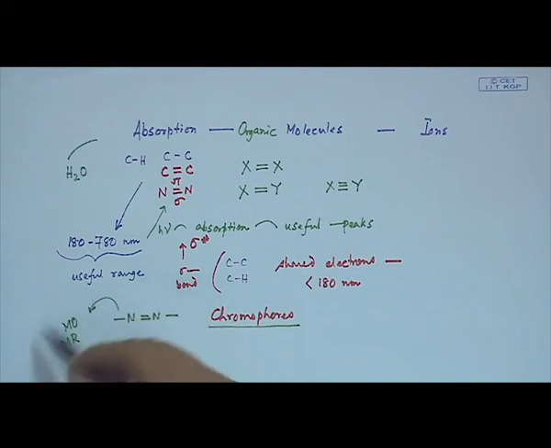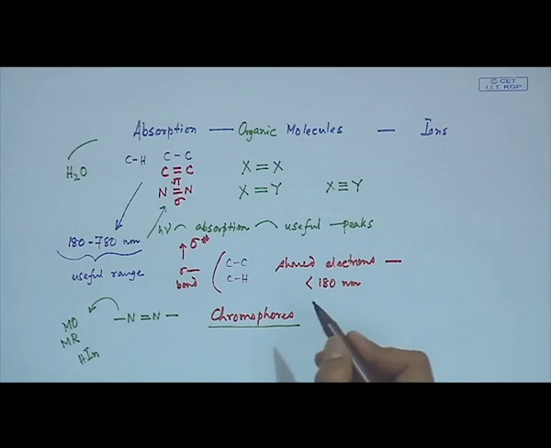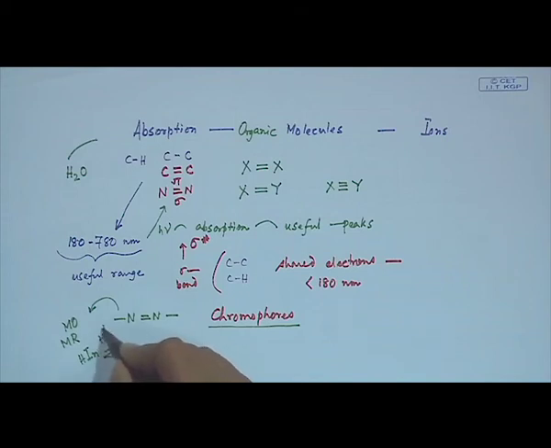They can show two different colors. So, we consider it as HIN, that means a weak acid, and after dissociation of that proton it goes to IN minus. So, with the formation of these two, there will be a color change from one to the other.